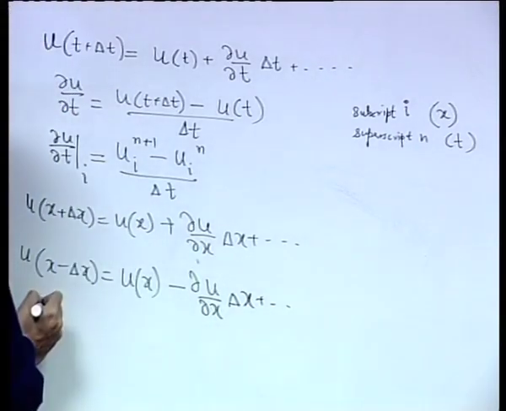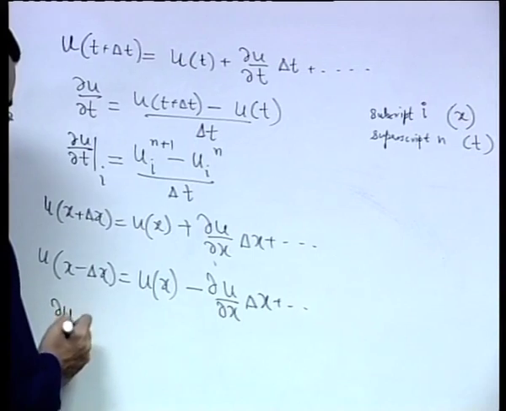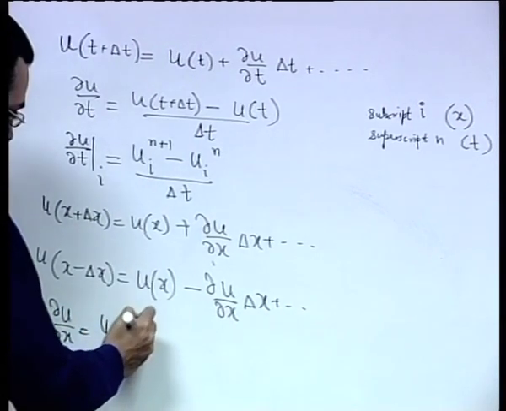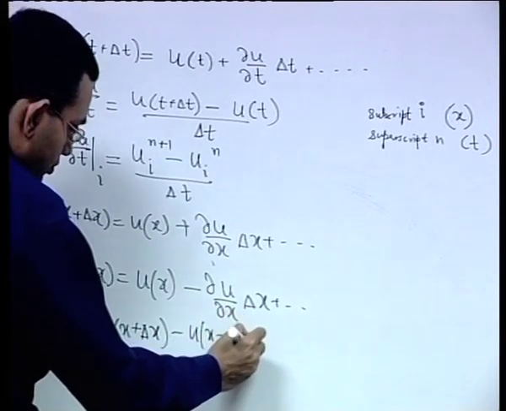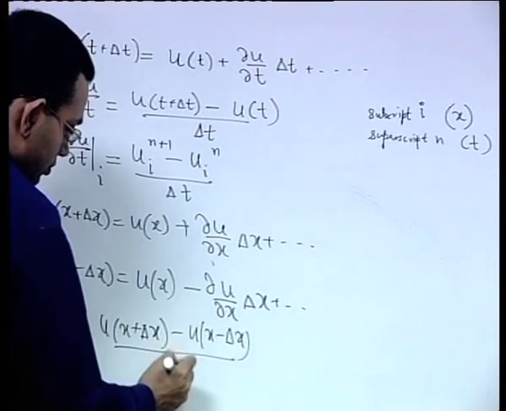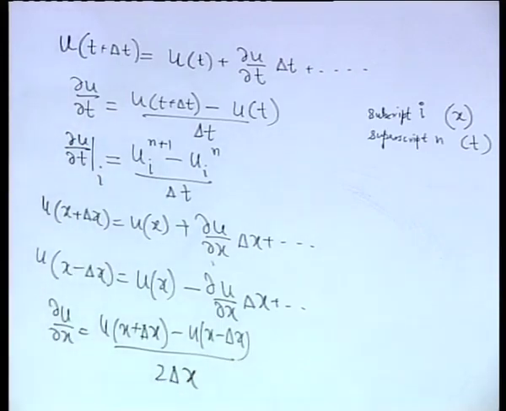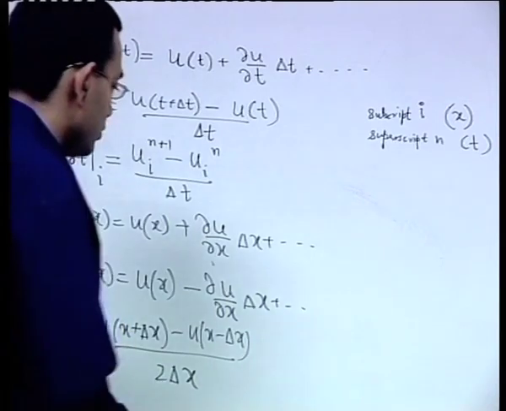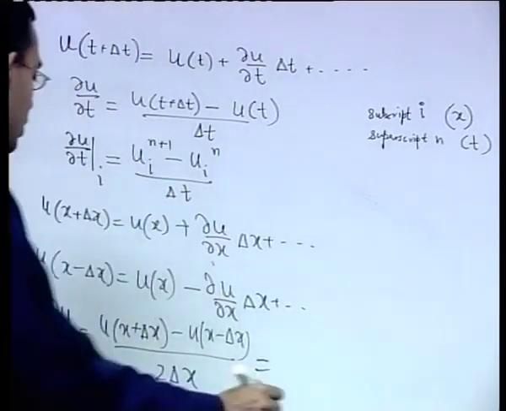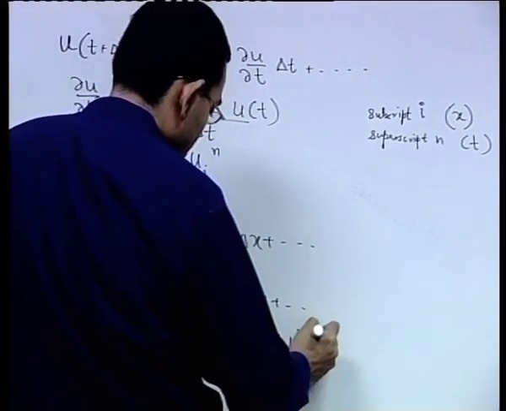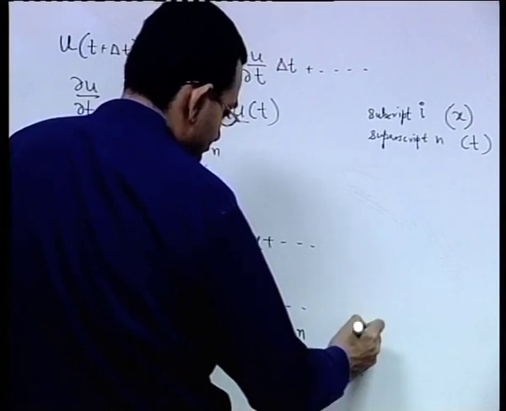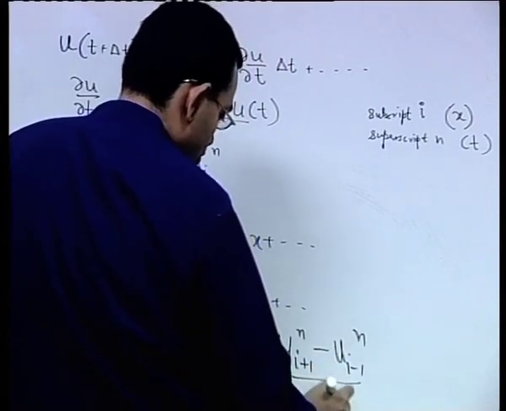If you subtract these two, this becomes central space. The previous formula that we wrote was forward space. So, it is u i plus 1 minus u i minus 1 by 2 delta x.